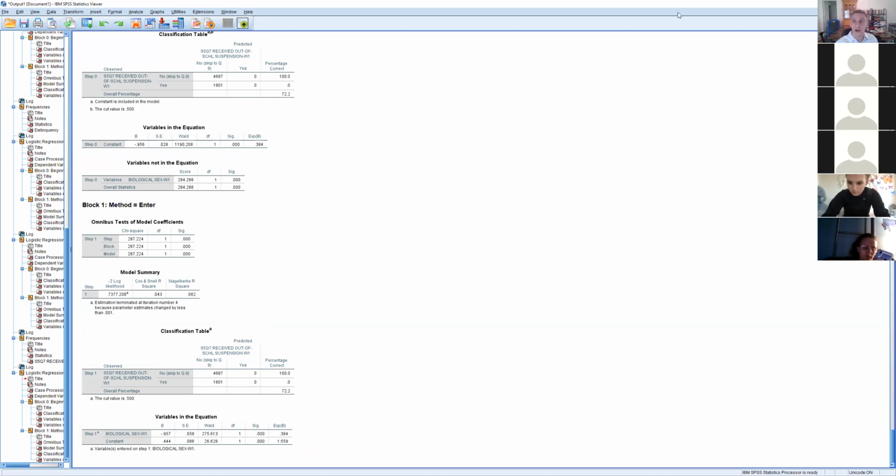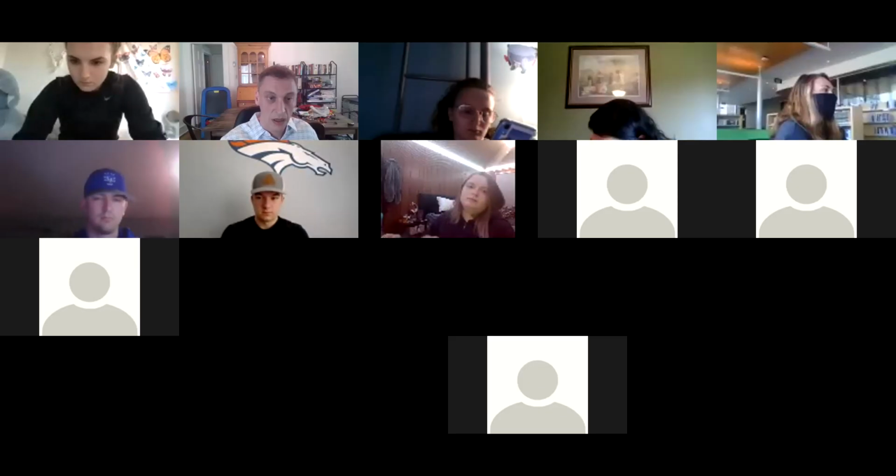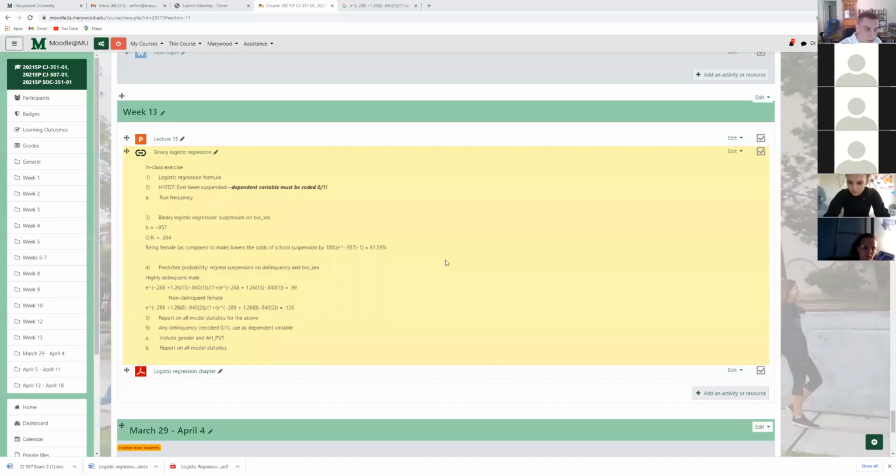Let me show you on the Moodle page what I'm talking about. Here is our unstandardized beta, which is the effect of gender on the log odds of being suspended, and it's negative. We interpret that as showing that a 1 unit increase in gender, where 1 is male and 2 is female, lowers the log odds.